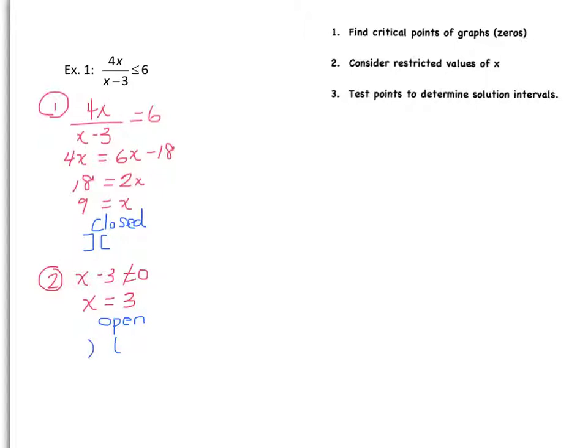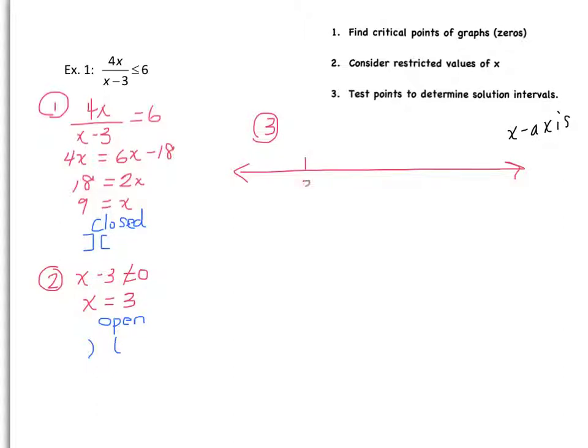So for our final step, we then want to test points to determine solution intervals. So you might remember this from solving polynomial inequalities. What we do is we set up a number line that represents the x-axis. And then we look at these points that we've determined, x equals 9, x equals 3, and we set those up on the number line as well.